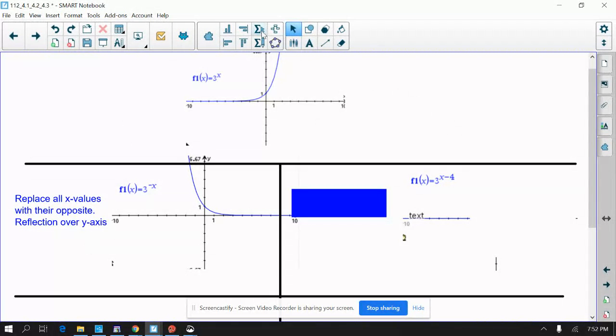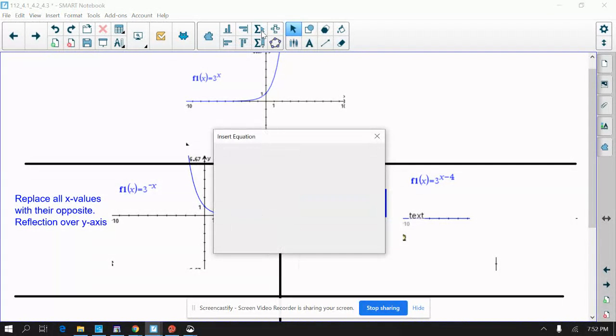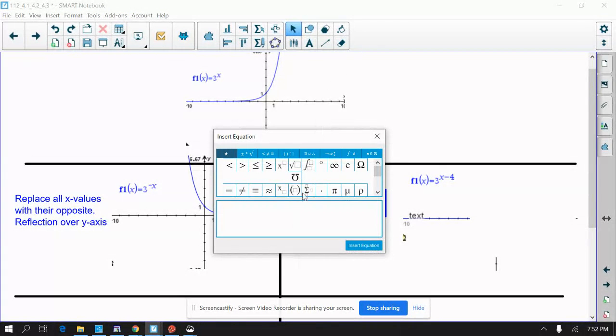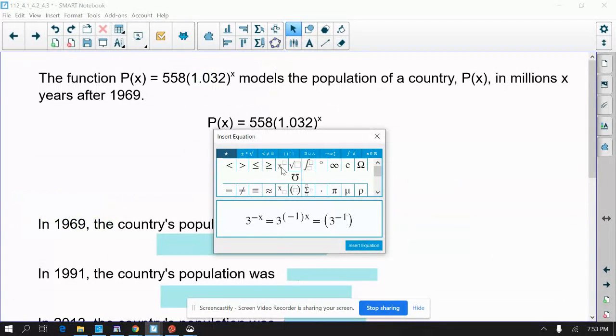Now, mathematically, let me show you something. 3 raised to the -x is the same thing as 3 raised to the -1 times x. That is the same thing as 3 raised to the -1, and that is being raised to the x.